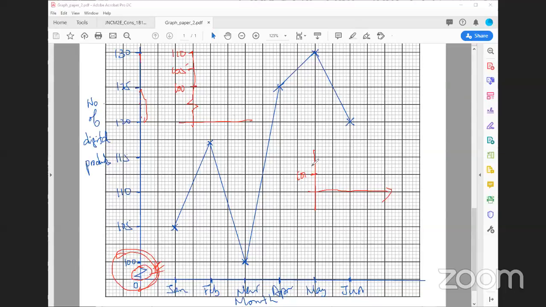For example, if this is 100 and this is 110, you may have difficulty if there's a data which is 117. It is not easy to mark this one.